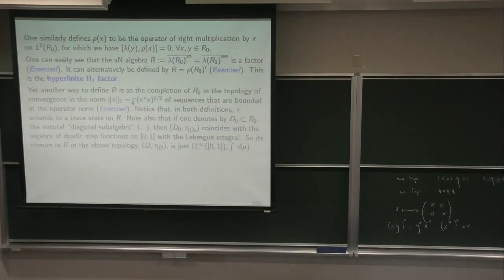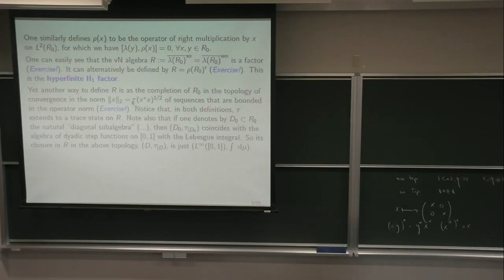Now, yet another way to define R is, like I said before, also with L infinity of x. Actually, I didn't say it that way, but it was sort of implicit, as the completion of R0 as follows. You take the topology of convergence in norm 2, but on bounded sequences, okay?